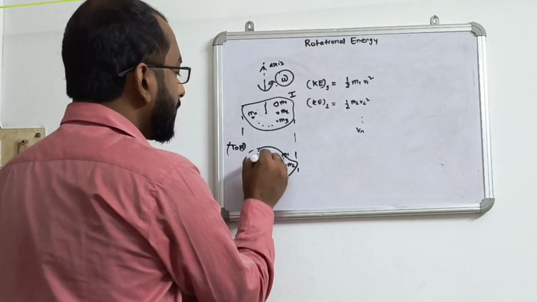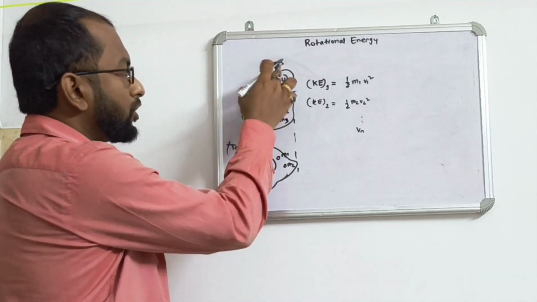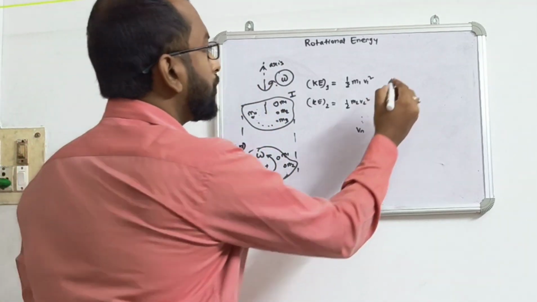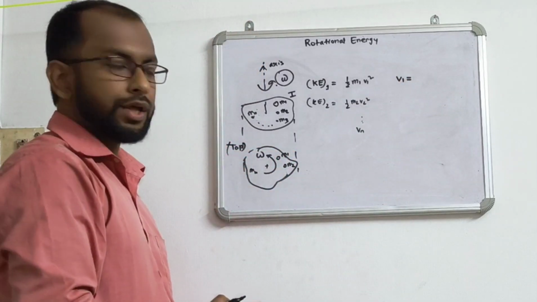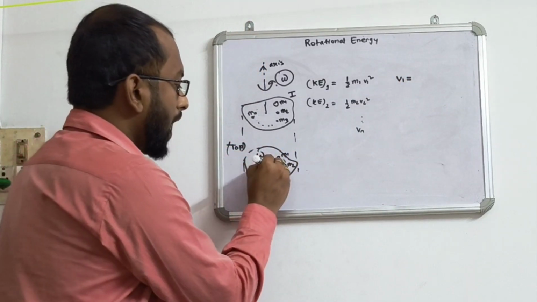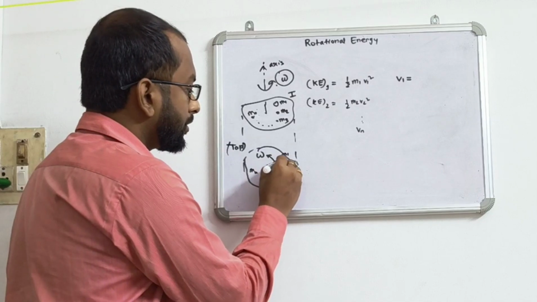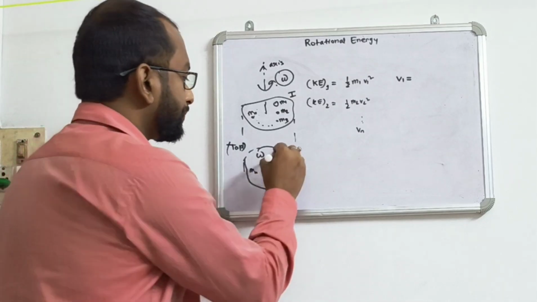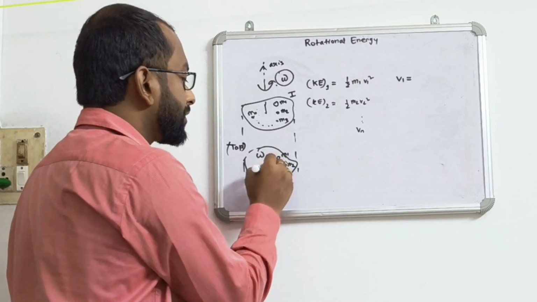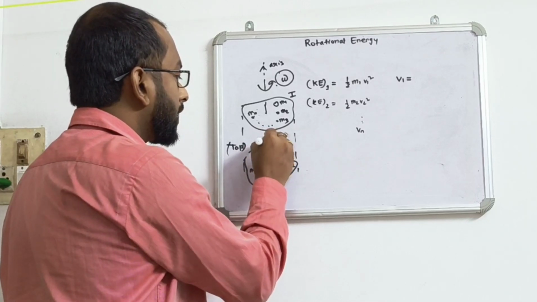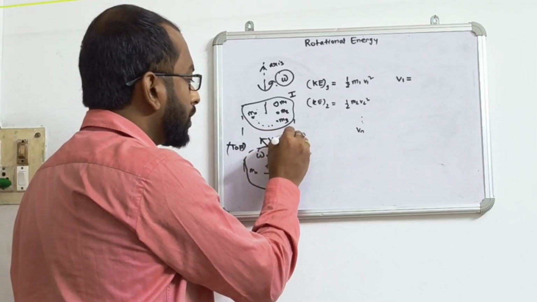Now if it is rotating with respect to this axis with angular velocity of omega, what is v1? v1 is the distance from the axis into omega. If the distance from the axis for mass m1 is r1, the velocity is going to be r1 into omega.